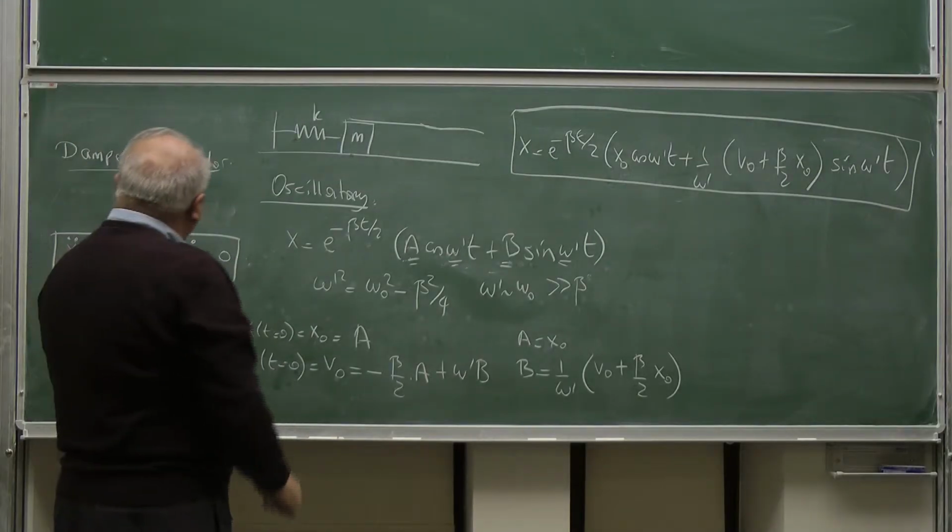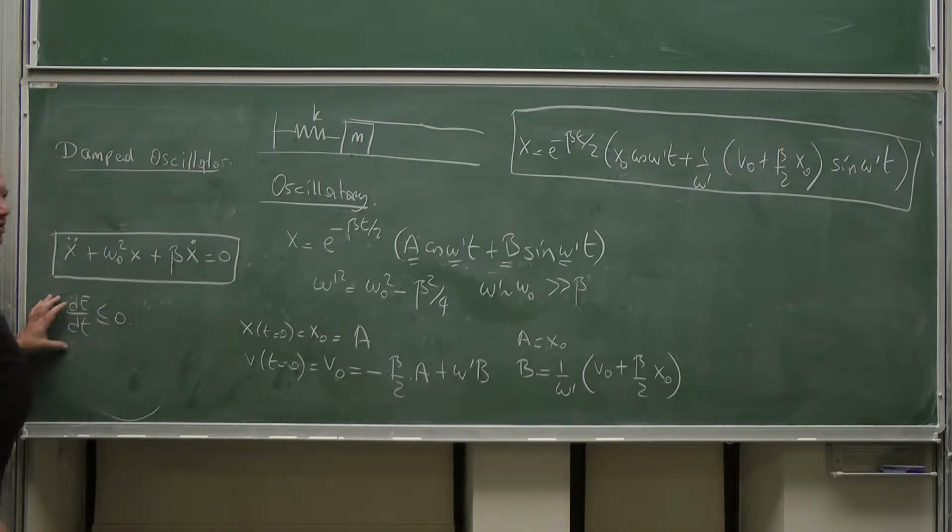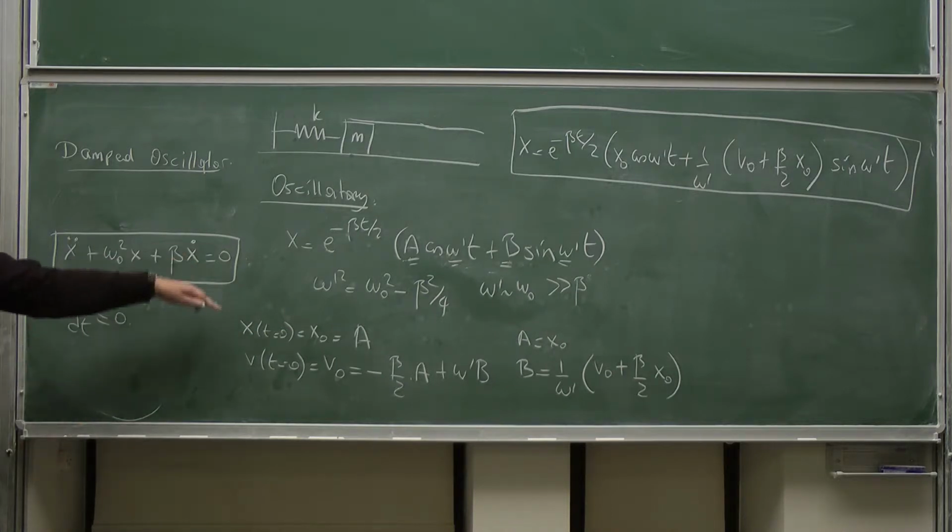Okay. Now we know that the energy of the oscillator is decreasing. Let us see how it decreases for a good oscillator. So I'm erasing this part.